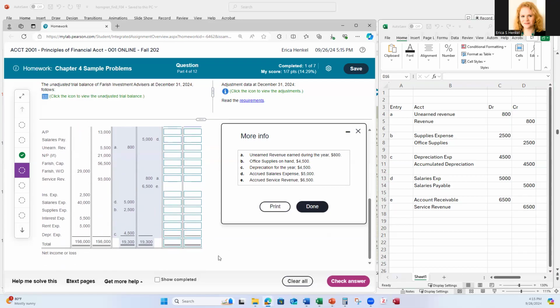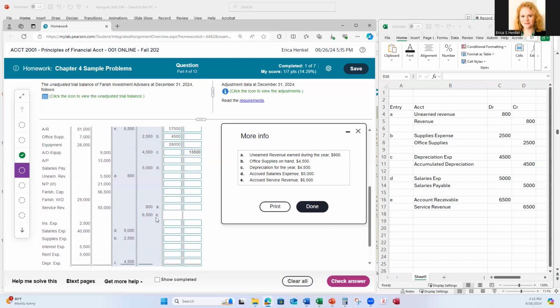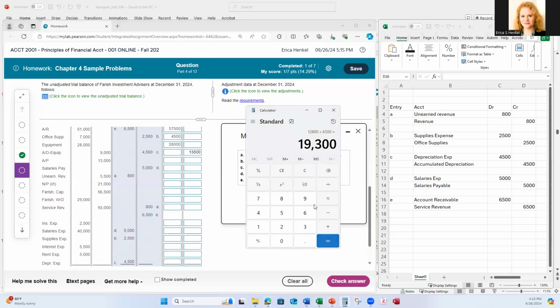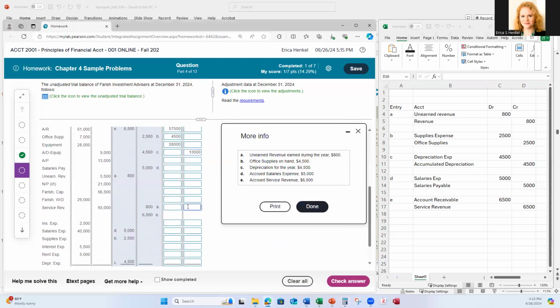So I will walk through the service revenue one. We've got two credits here. So 93,000 plus 6,500 plus 800. So 100,300 here. Okay.